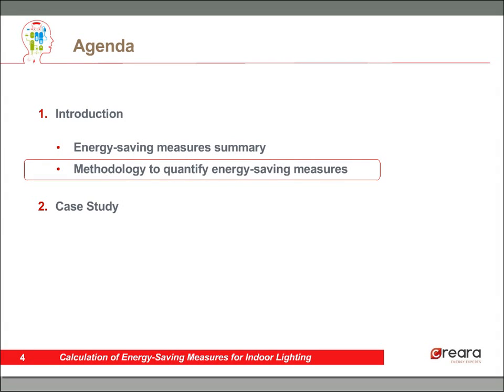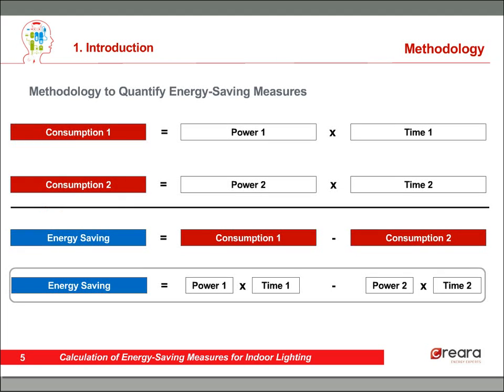Okay, so the methodology, as I said, is really simple. If we work with the same formula, we say that consumption is the power times the time of use. So the energy saving would be consumption 1, the consumption before the energy measures, minus consumption 2, the consumption after the energy measures.